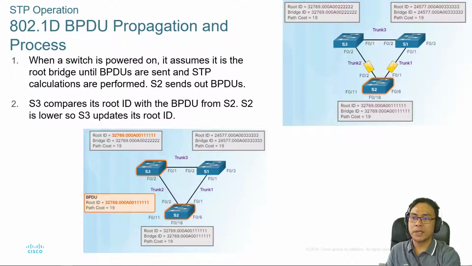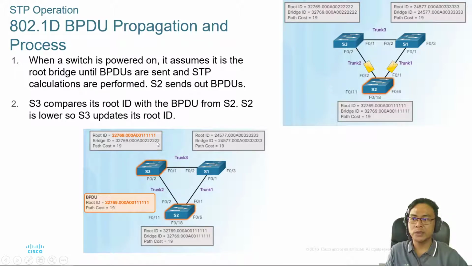So, again, the process I already mentioned a while ago. I already discussed this with you. So, there will be a comparison between S2 and S3. Okay? So S2 is the winner because the root ID is 001, 111 compared to the bridge ID of this one.